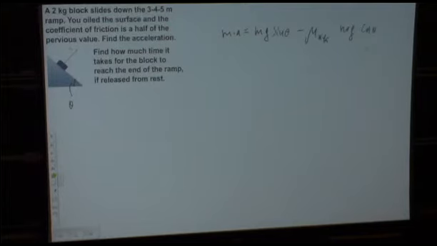What do we do to calculate the time? Well, we know the distance traveled, 5 meters. It's a 3, 4, 5 meter ramp. So we start from rest. The initial velocity is 0. What else do we know?